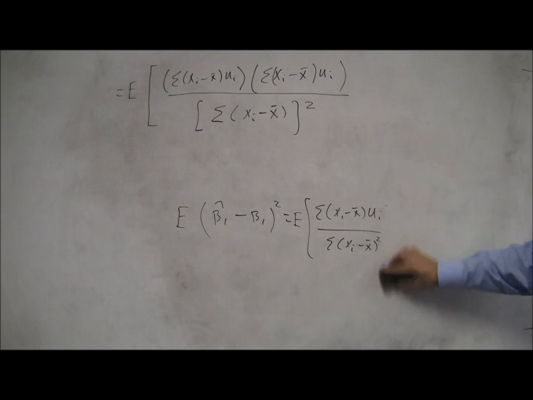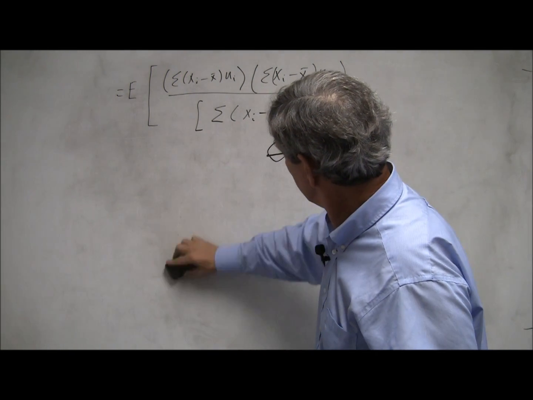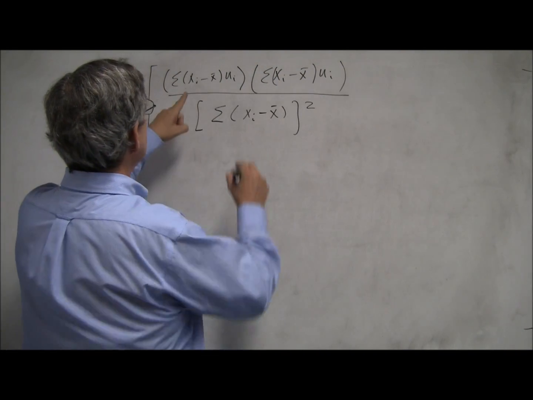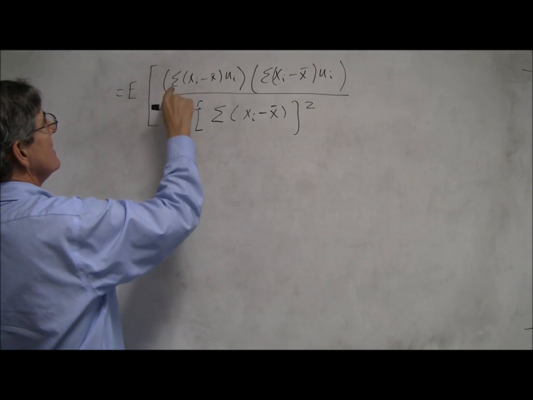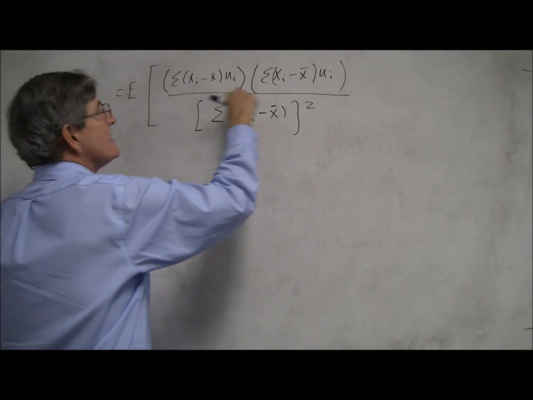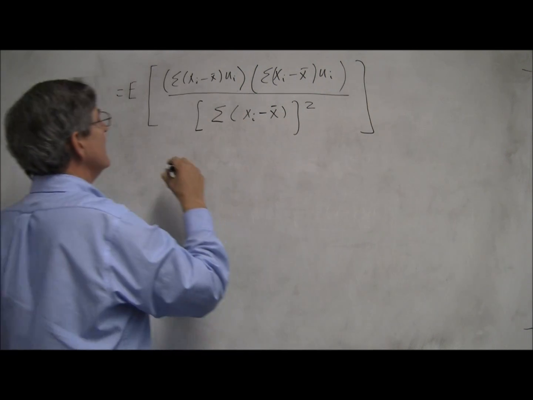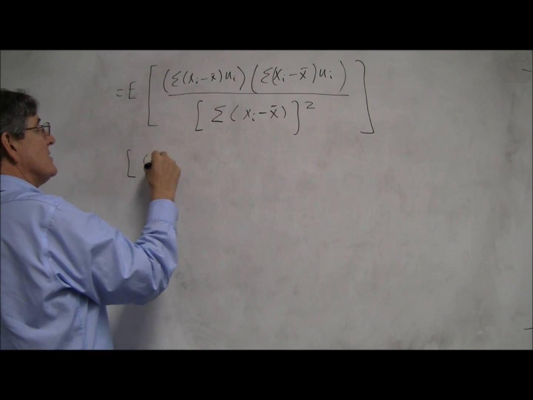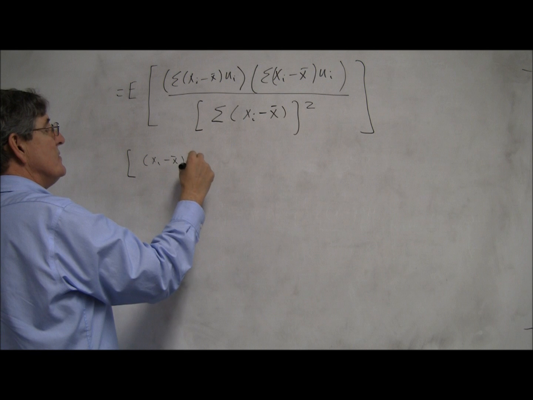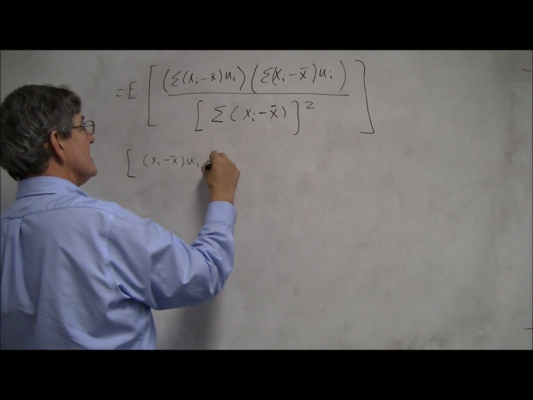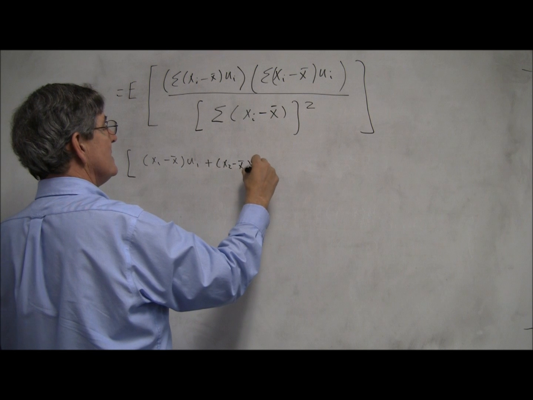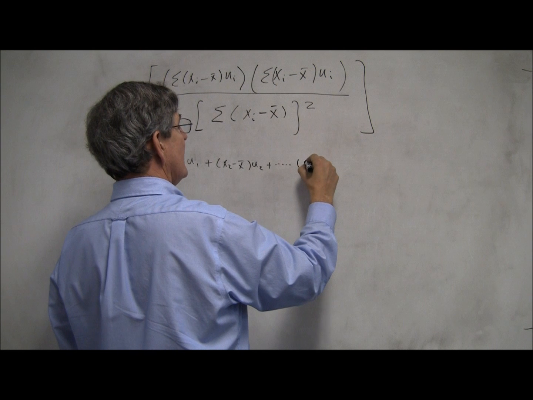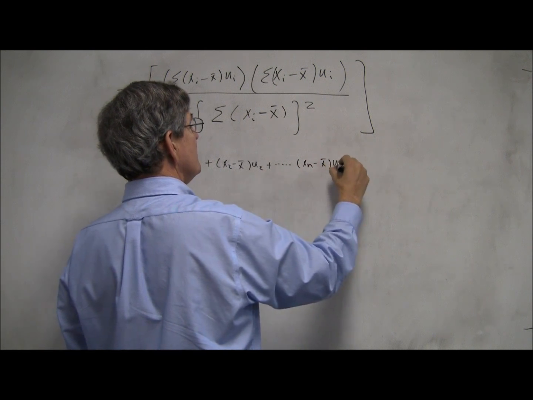Now this part is where it gets a tiny bit tricky, but let's see if we can work this out. Let me just write these out. This is just the top part. So I'm going to write out this sum and this sum. The top line here is going to be x1 minus x bar times u1, plus x2 minus x bar times u2, plus all the way out to xn minus x bar times un.